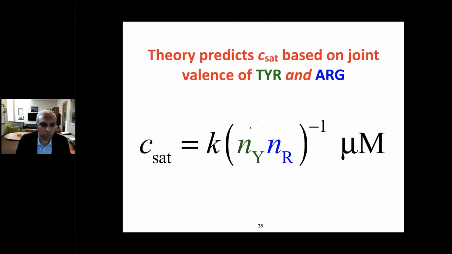The prediction that emerges is that the saturation concentration should simply go as the inverse of the product of the number of arginines and tyrosines. It's an elegant theory. You essentially write down a free energy for the system that's undergoing phase separation, but the upshot is very, very simple.